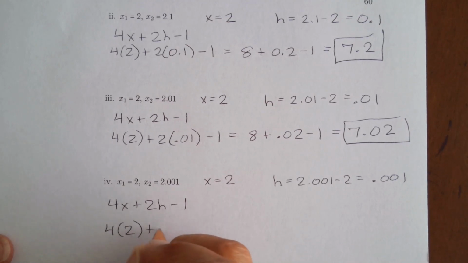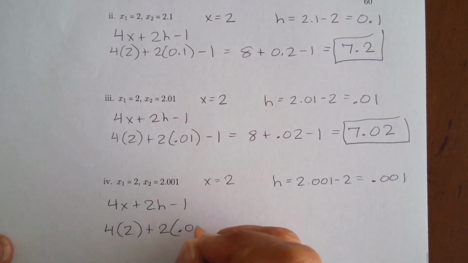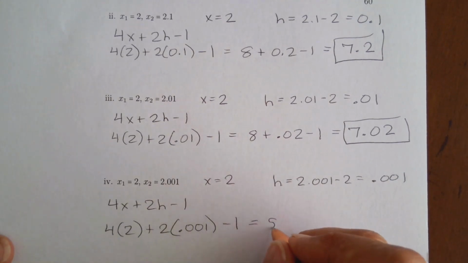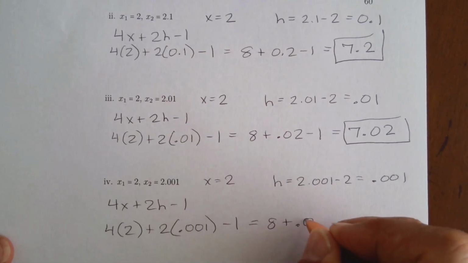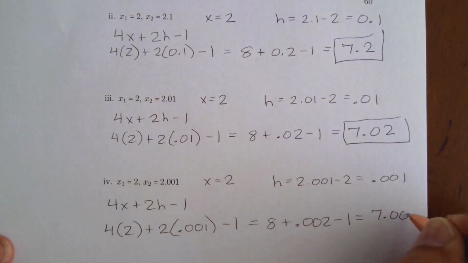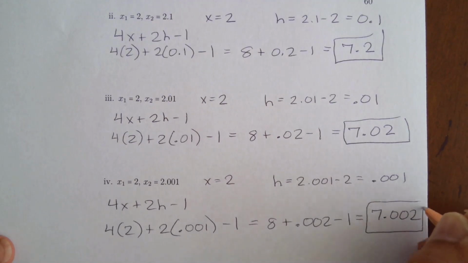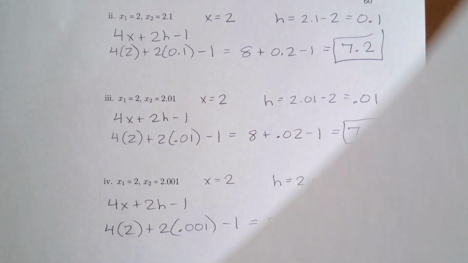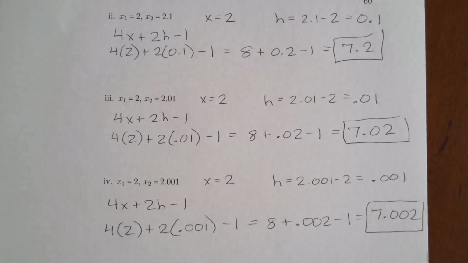So 4 times 2 plus 2 times 0.001 minus 1. That gives you 8 plus 0.002 minus 1, which is 7.002. See a pattern there?